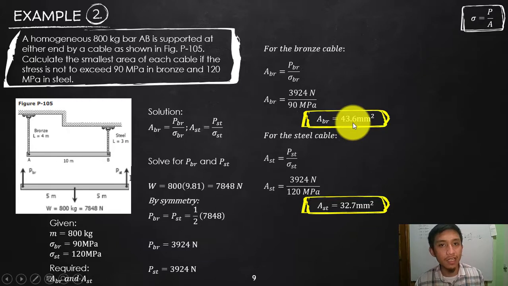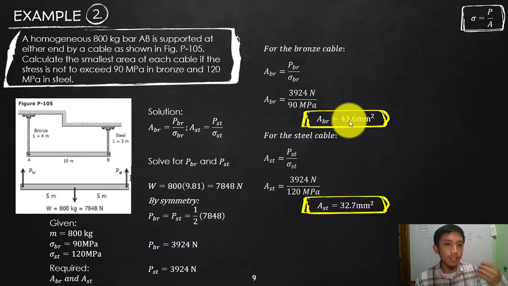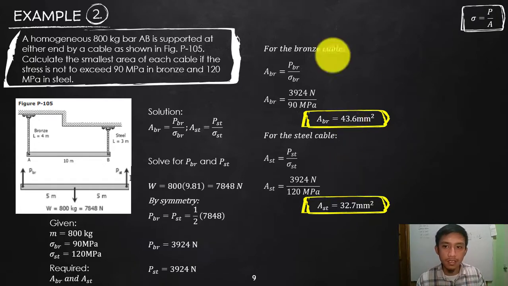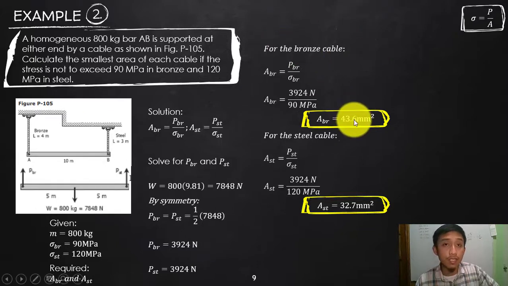If that is a circle, then that is the area of the circle, so you can compute the diameter if it is a circular cable. That is the common shape of cable, isn't it? So you can transform this into a diameter if you want. But the question there is area, so let's give it as an area. The area of bronze should not be less than 43.6 to be able to carry the load. And for the steel, that should be 32.7.